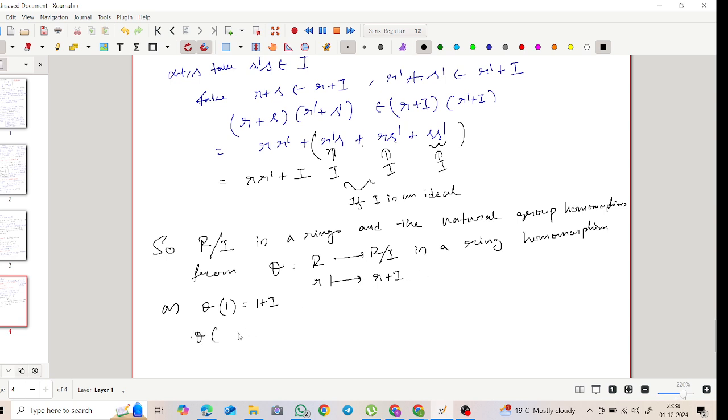Now theta of r plus s is r plus I plus s plus I, because theta is a group homomorphism.